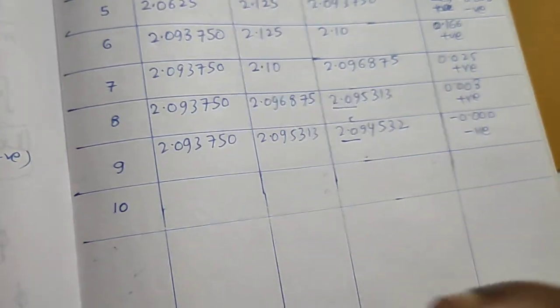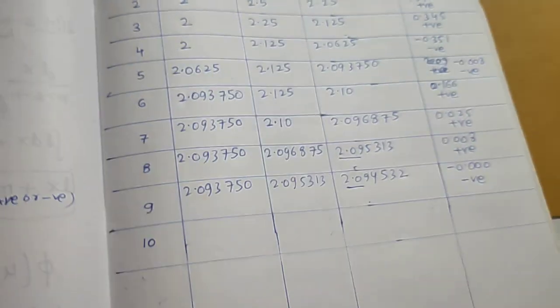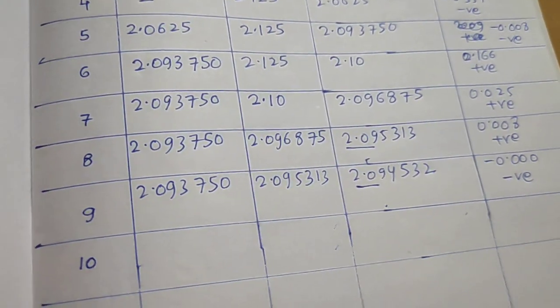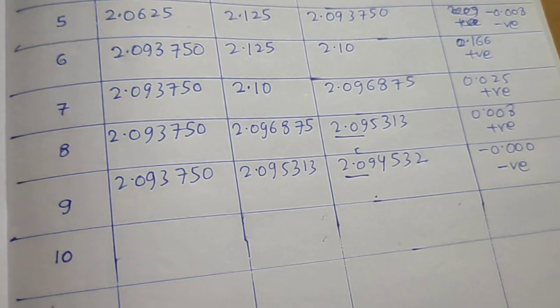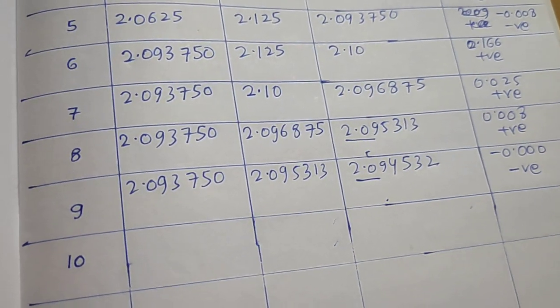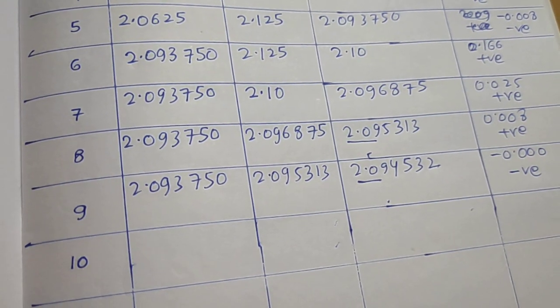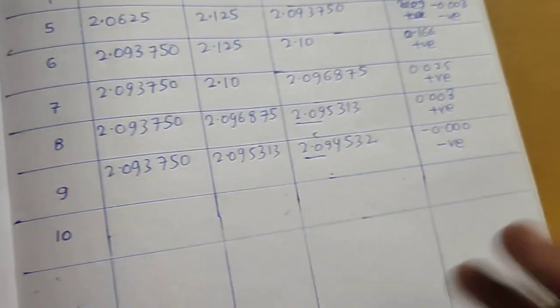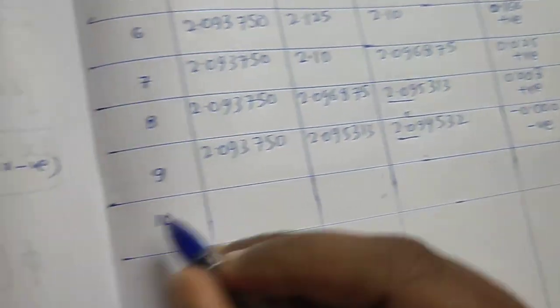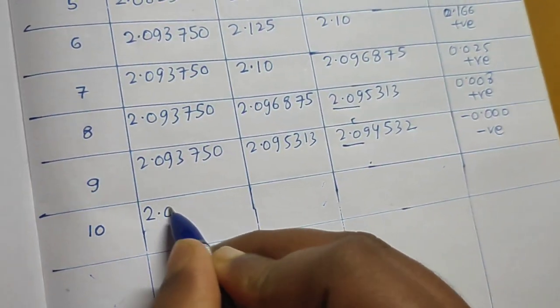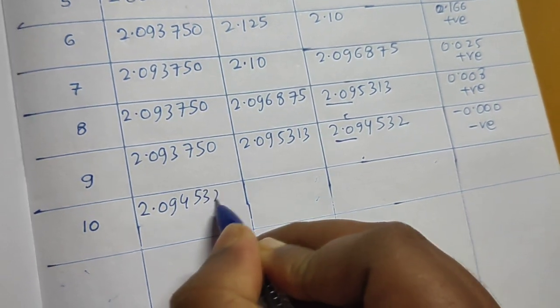Let's do some more iteration. If you want up to 2 decimal places, then you can report the root now, accurate up to 2 decimal places. It is 2.09. Okay, but we need some more accuracy in our results, so let's proceed with some more iteration. Because it came negative, this changes to 2.094532.